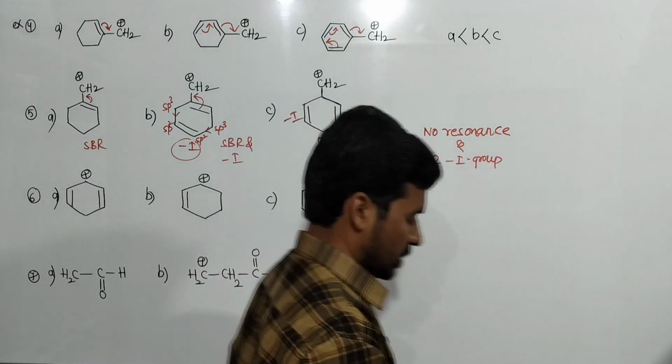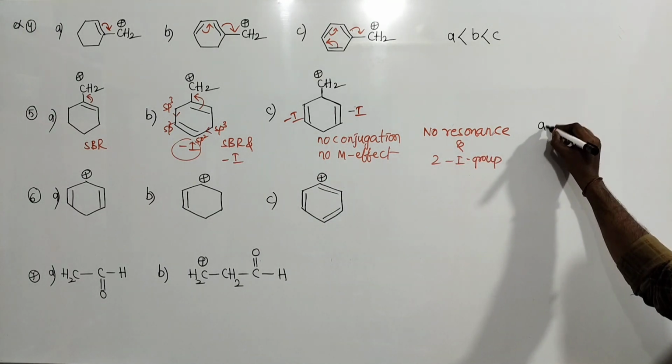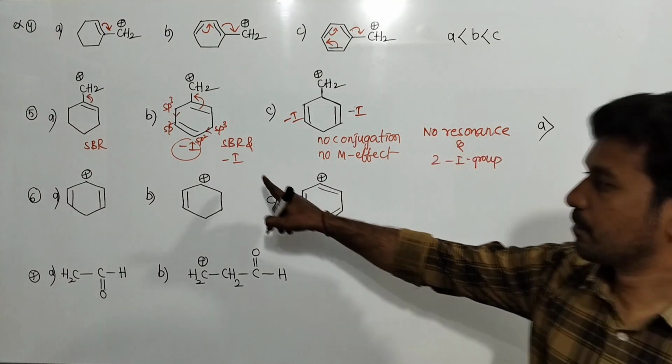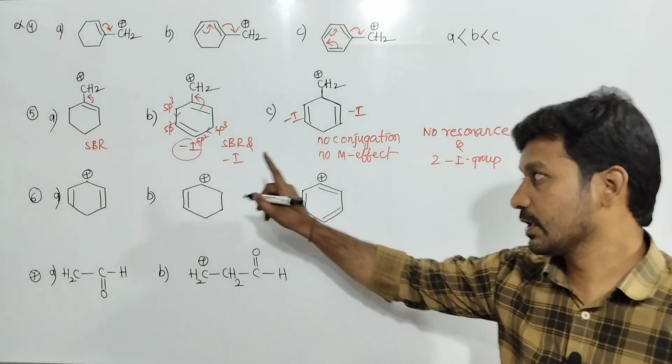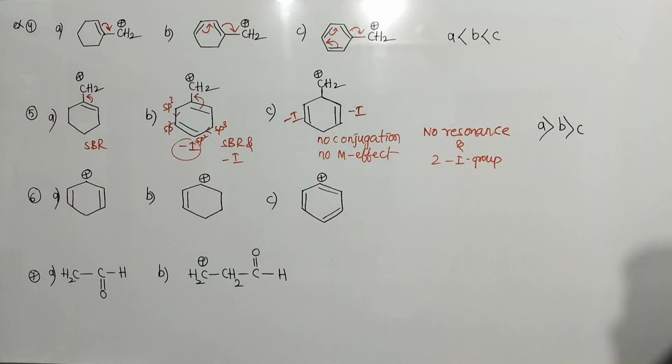Therefore, which one is more stable? Stabilized by resonance is more stable than stabilized by resonance with 1 minus I group. Here 2 minus I groups. 1 minus I group is better than 2 minus I groups.